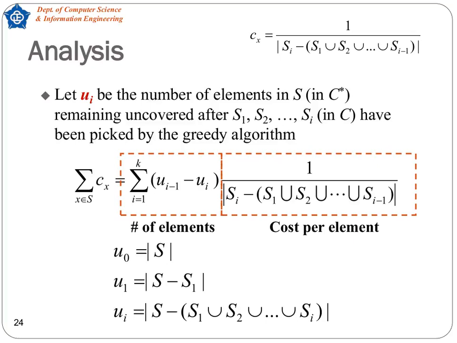Summing over all x in S, the total cost telescopes into a sum from i equals 1 to k of u_{i-1} minus u_i times 1 over the new coverage. Here u_{i-1} minus u_i counts how many elements we cover in step i, and the fraction is the per element cost at that step. This neat decomposition sets us up to bound the total cost by a harmonic series.